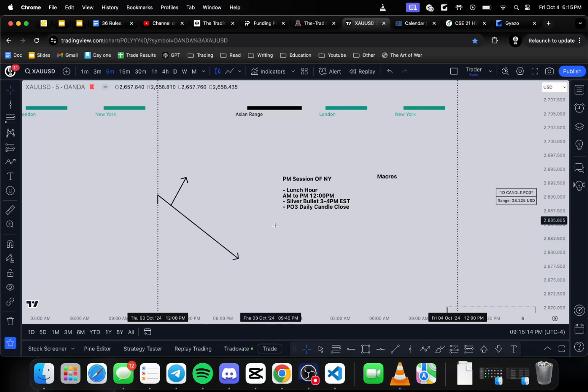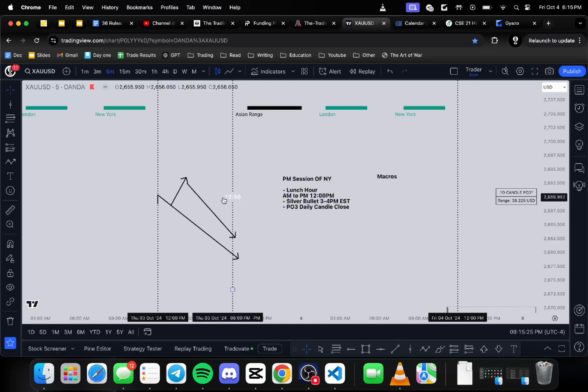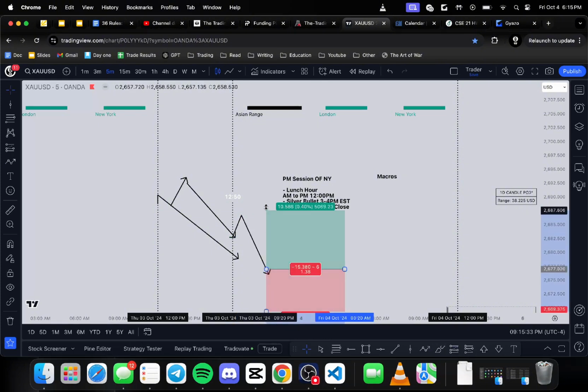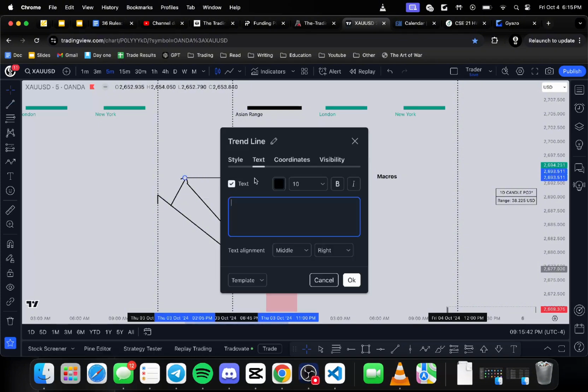If these conditions align and it does actually give you the melt off, then once it approaches 12:50, let's just pretend that this right here is 12:50, you look for some sweep of liquidity. And once you get that sweep of liquidity, you have this narrative that it is going to run and sweep the significant high that was created during the PM session right here, which would be the lunch hour buy side. And that's the characteristic of lunch hour, that it creates some sort of liquidity.